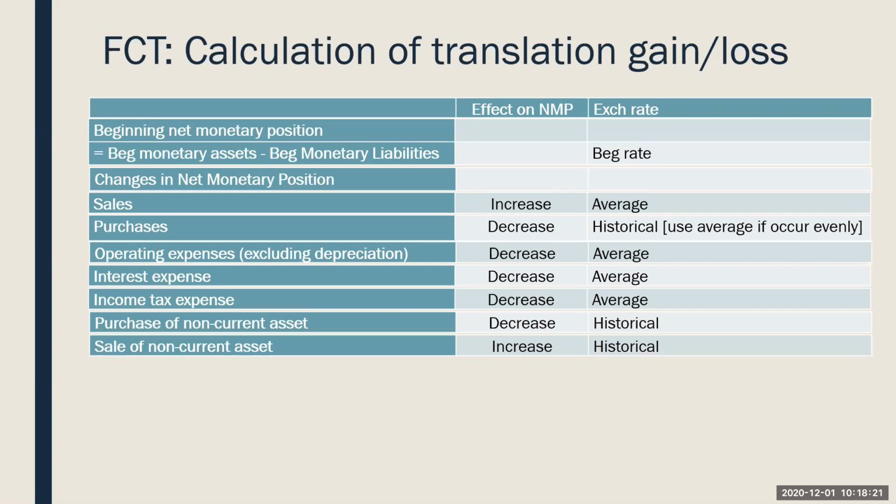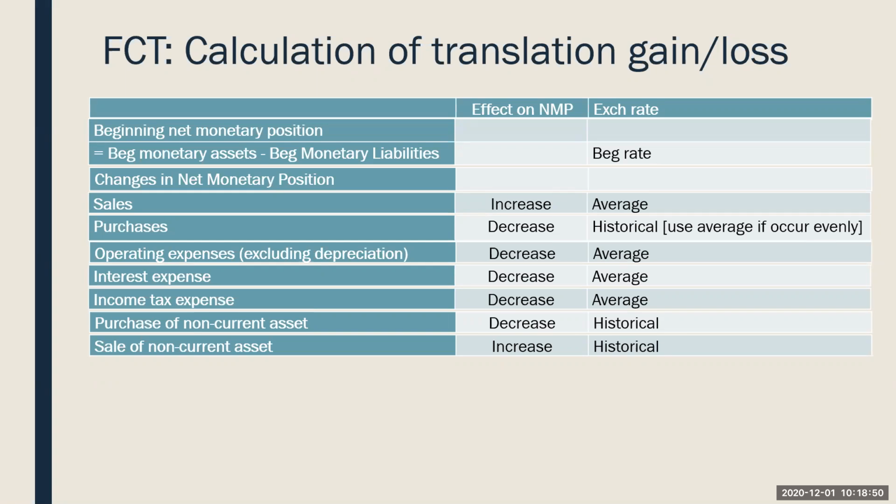Sale of a non-current asset will increase net monetary position. You want to use the historical rate for when the asset had originally been acquired. Not when the asset was sold, but rather when the asset was acquired. The difference between the asset's carrying amount and what it was sold for gets captured as a gain or loss.